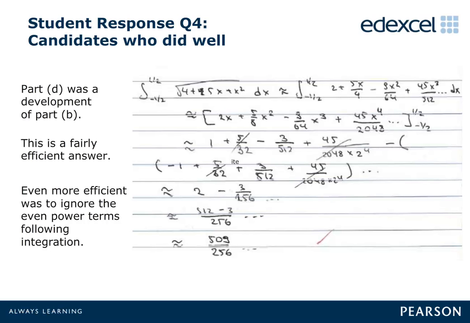Part D was a development of Part B, requiring term-by-term integration. Good candidates saw that the even-powered terms were not going to contribute to the final answer, and saved themselves some work. This is especially important in a non-calculator examination, such as AEA.